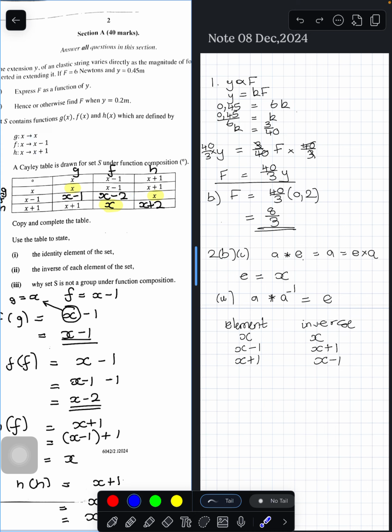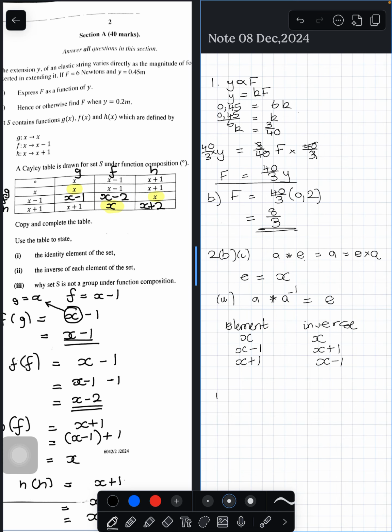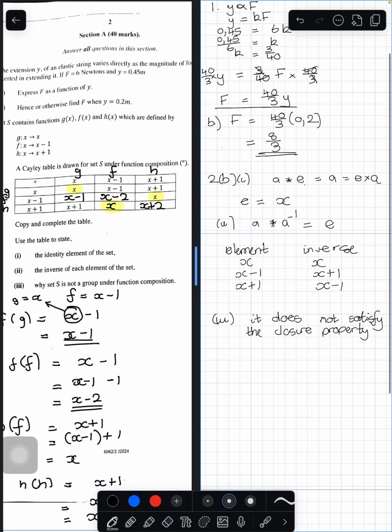You write that set S is not a group under function composition because it is not closed, or it does not satisfy the closure property. Maybe you can just have an example there.